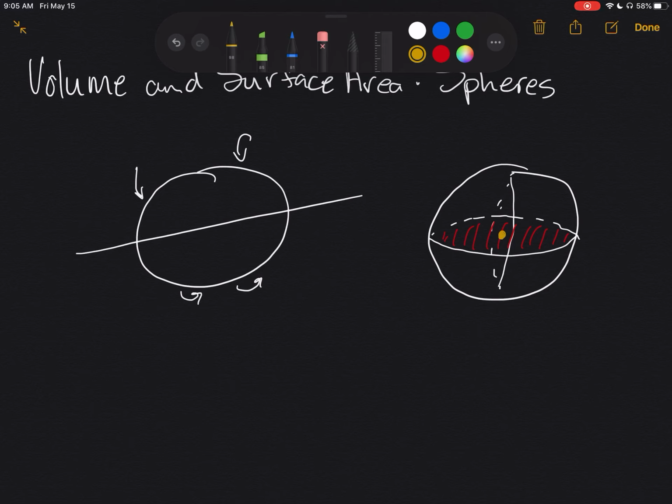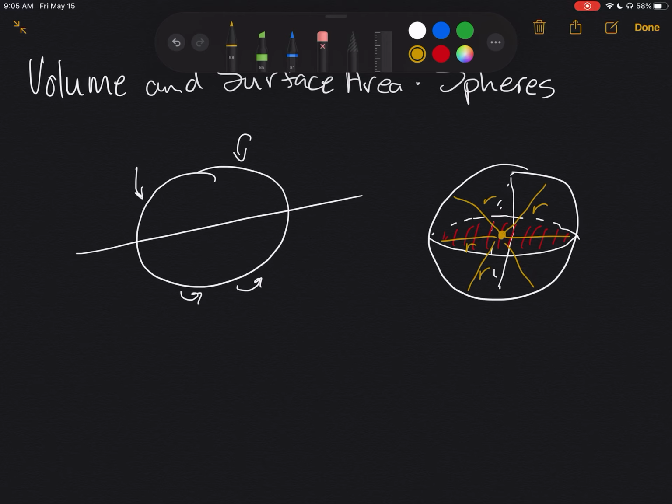And if I take this center point out to the edge of the circle at any place, it should be equally far away from all those. And so each of these would be a radius. Okay, and so the radius has the same definition. We can just now go in any direction. Really the definition of a sphere is all the points that are the same distance away from that center point.